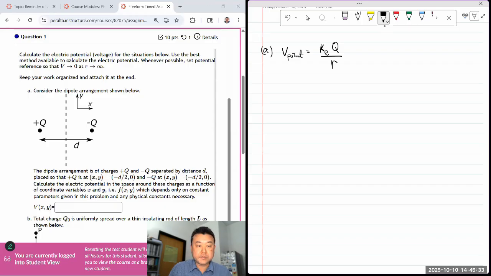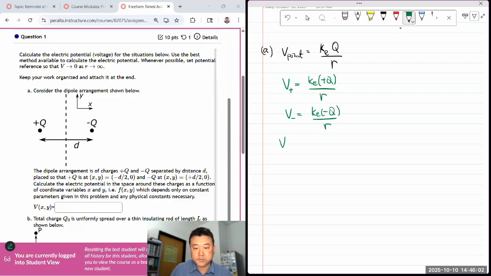Now, based on this, I might say that the voltage due to the positive charge is k_e q plus divided by r. Oops, not q plus, sorry. q, or I guess I could say plus q divided by r. And V minus is k_e minus q over r.